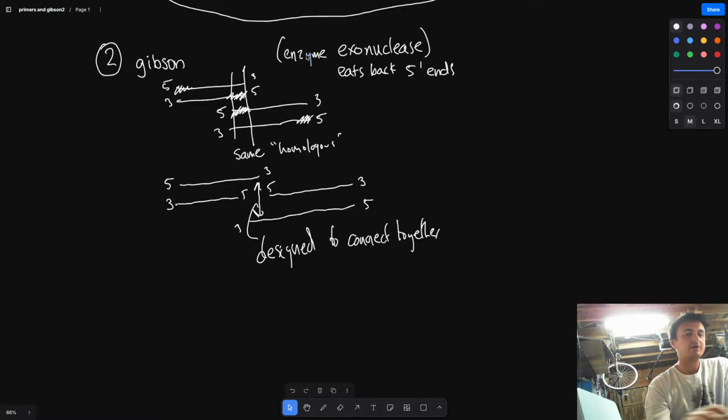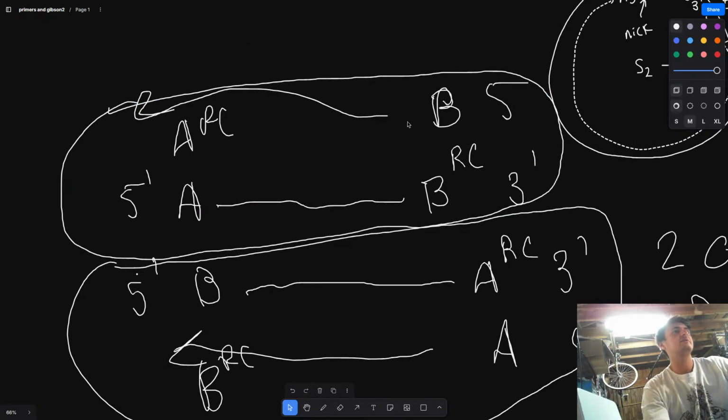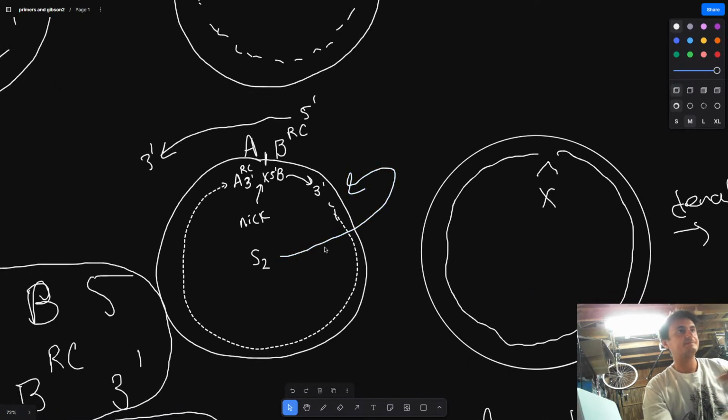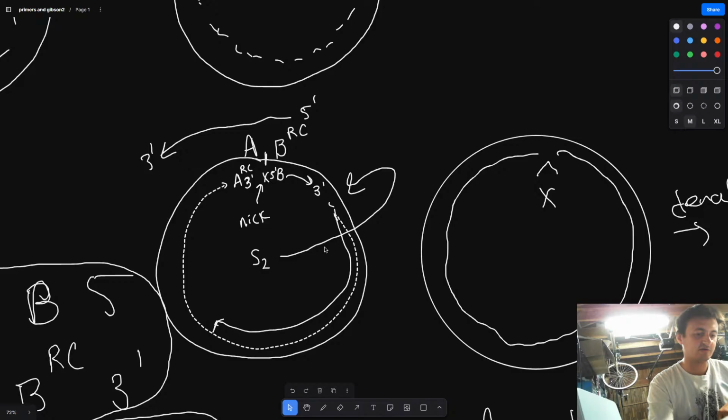I guess one thing that I wanted to say back up here that I didn't really get a chance to say is that, let's say DNA polymerase didn't make it all the way around. Let's say it only made it to like here. So DNAP fails to make it all the way.